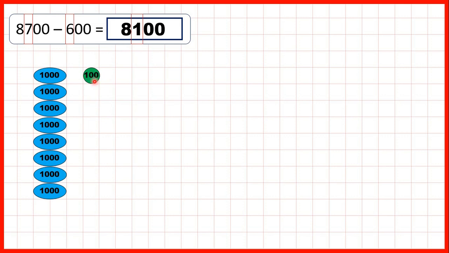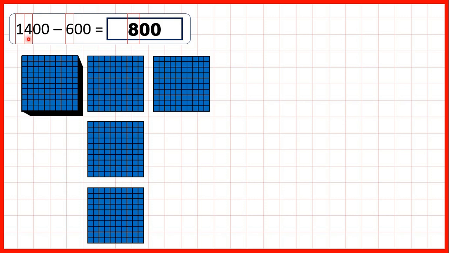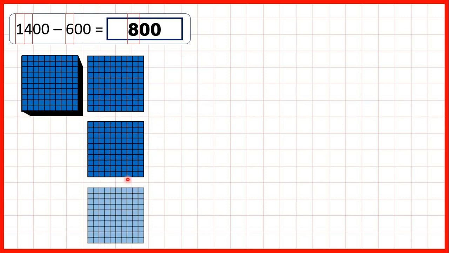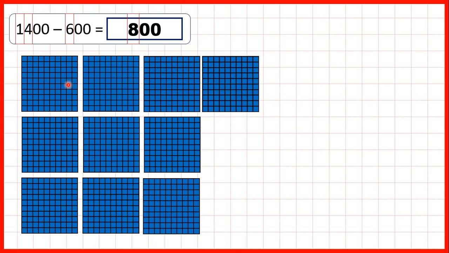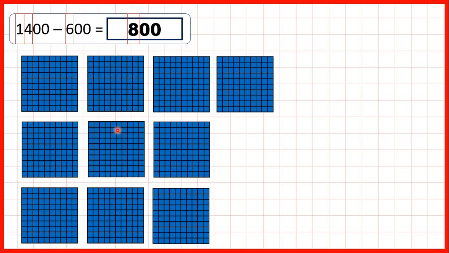But then we had 1,400 minus 600. Now we can take away the 400s that we have, but to take away 600, we need to take away 2 more hundreds. So what we need to do is exchange our 1,000 for 10 hundreds.